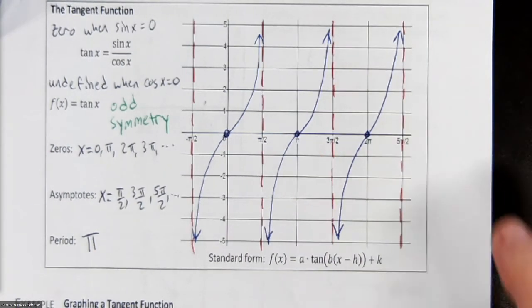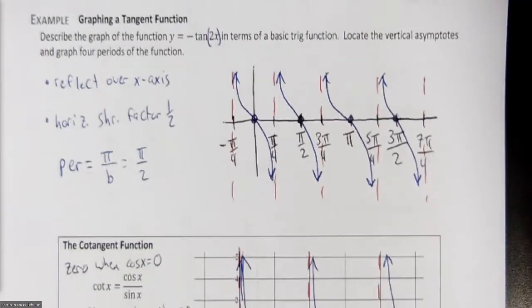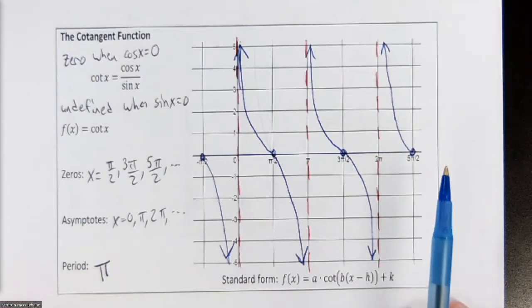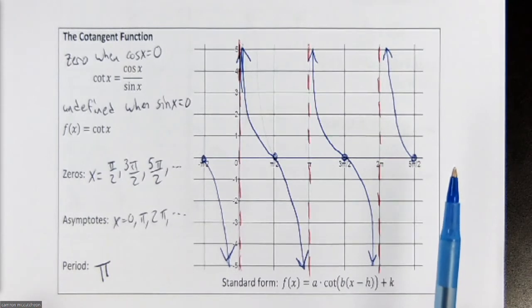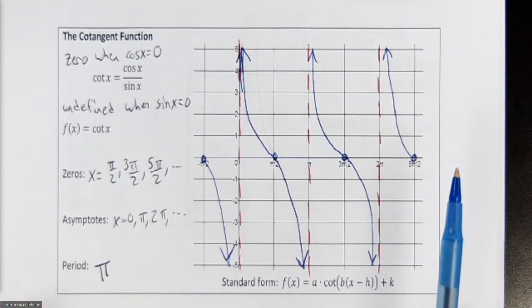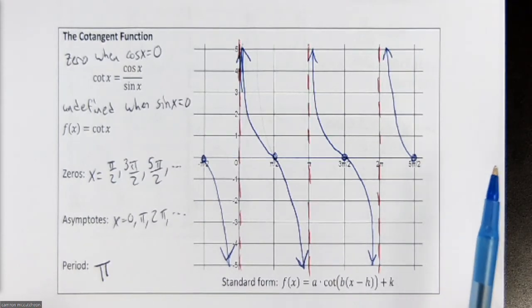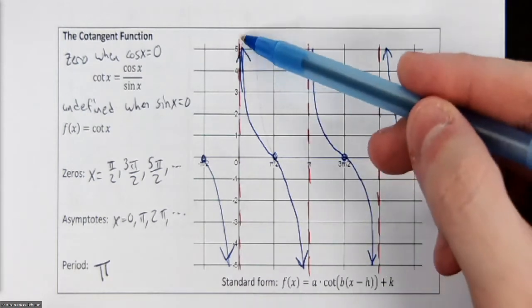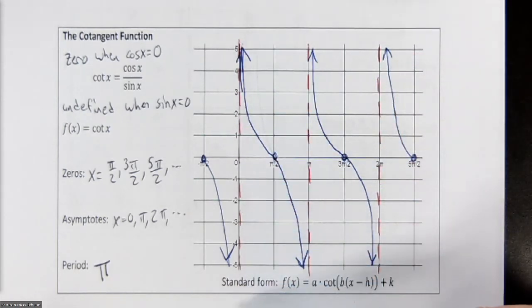But what is cotangent of 0? It's undefined. What that means is when we go to graph a challenging cotangent function, understand that when you make the inside equal 0, you're actually finding an asymptote because cotangent of 0 is undefined.